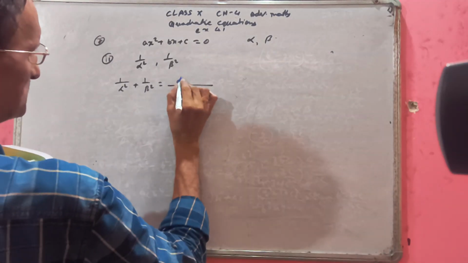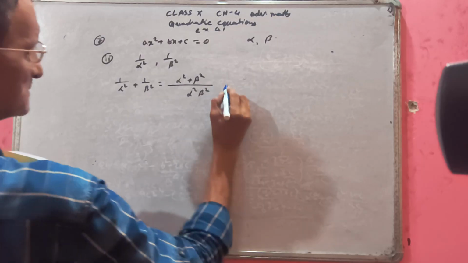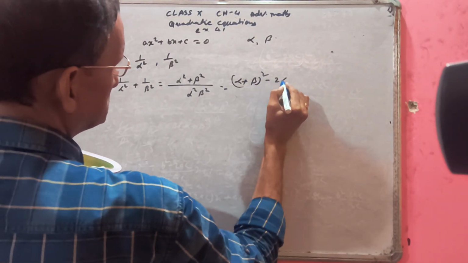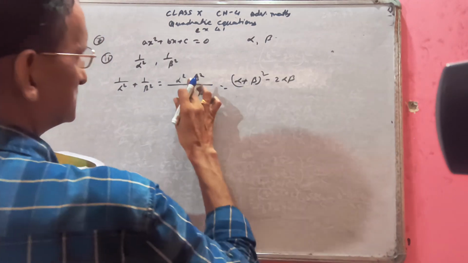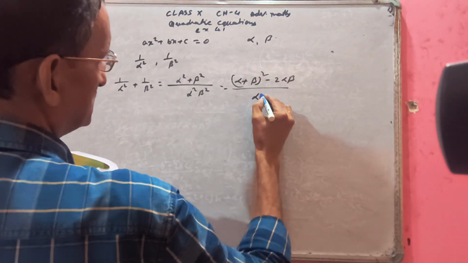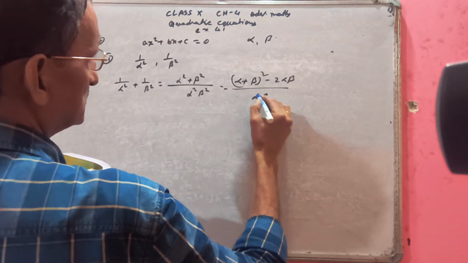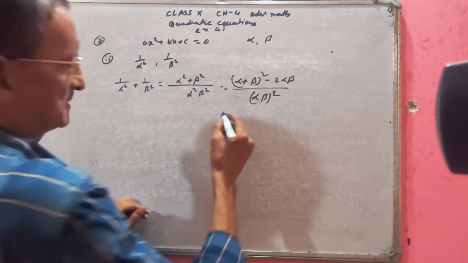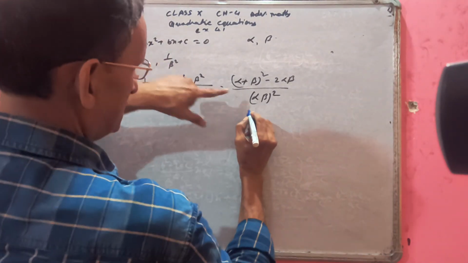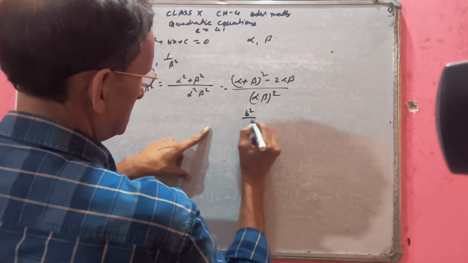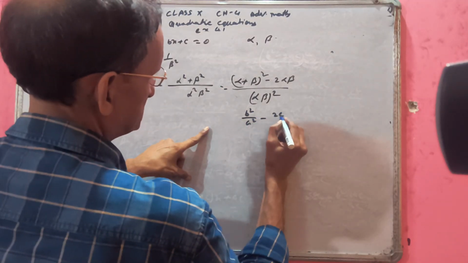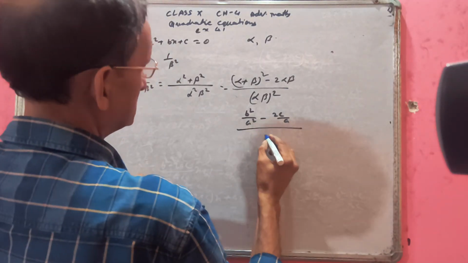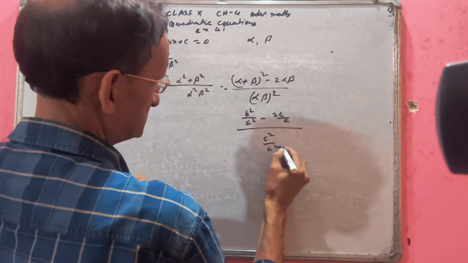Beta square plus alpha square, then alpha plus beta whole square minus twice alpha beta, and alpha beta whole square you can write. Then put the value. Alpha plus beta value is minus b by a, so whole square is b square by a square, minus twice c by a, by c square by a square.